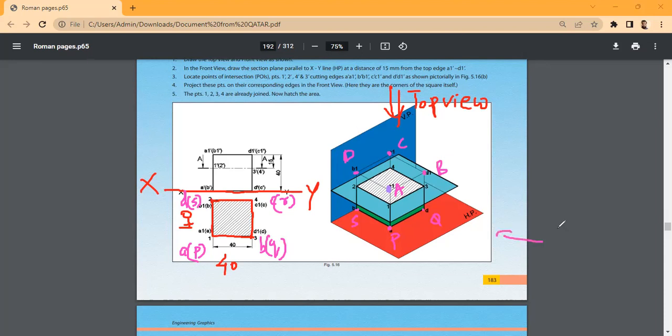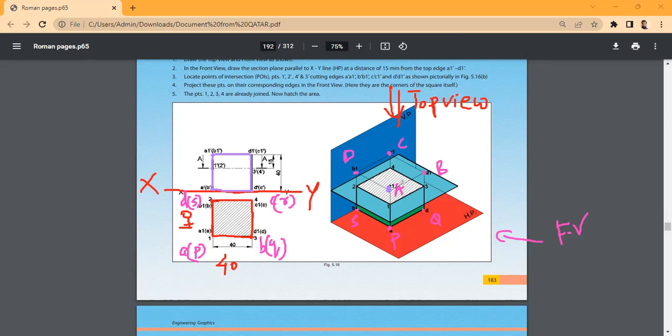Then what is the shape of the front view? It's a square of height 40. So draw a square of height 40. And name the front view.